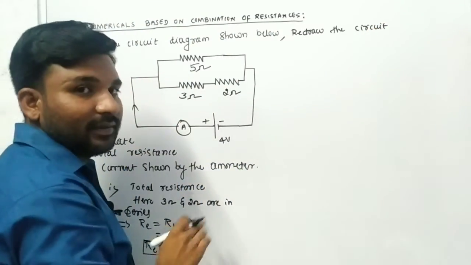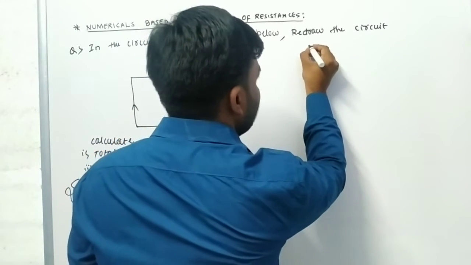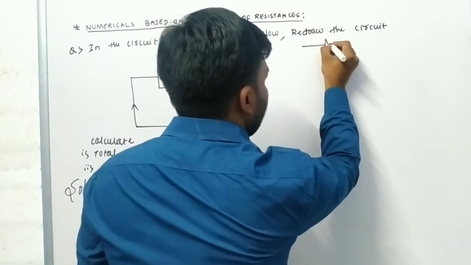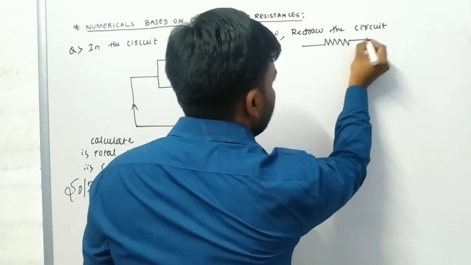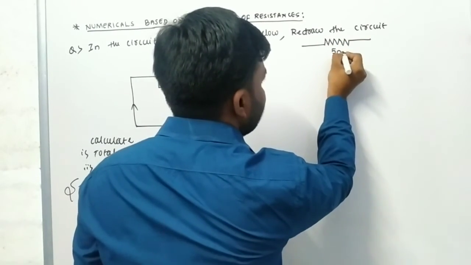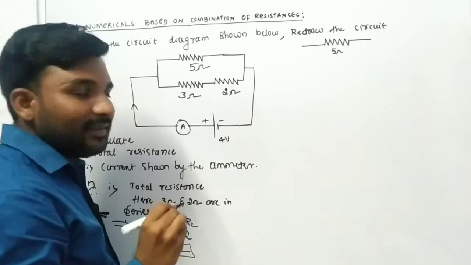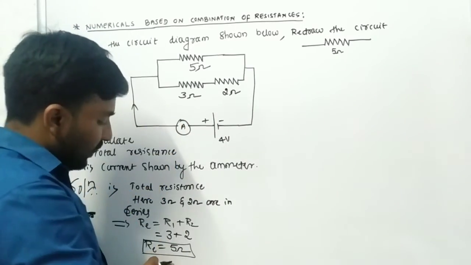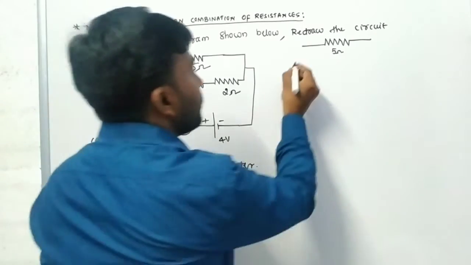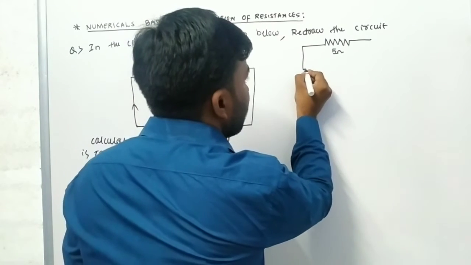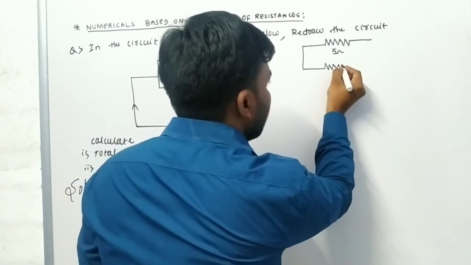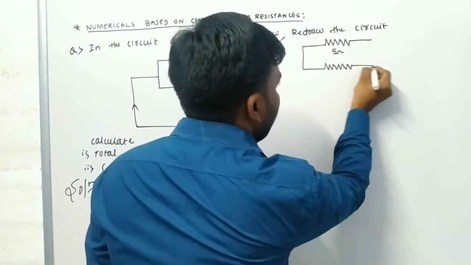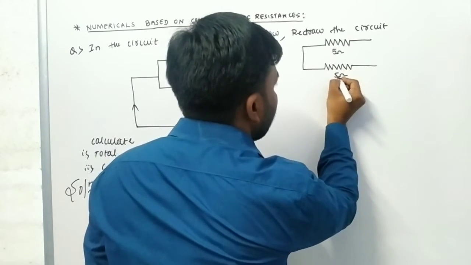This 5 ohm resistance I will keep as it is. The equivalent resistance for these two resistors we got 5 ohm.